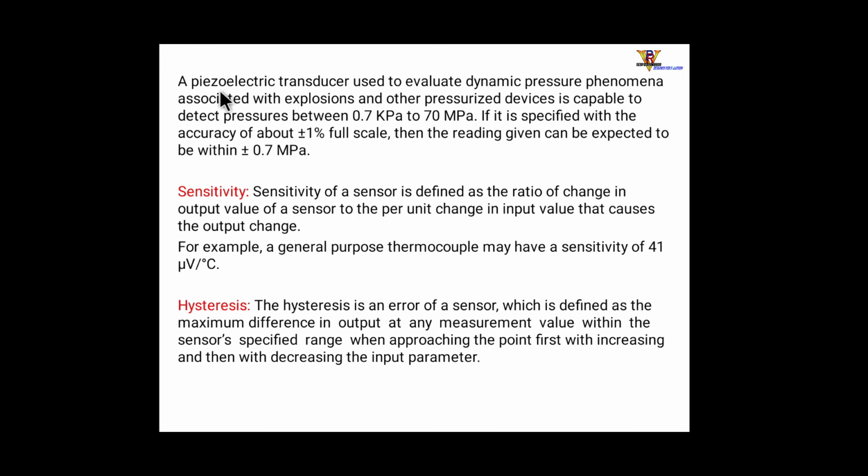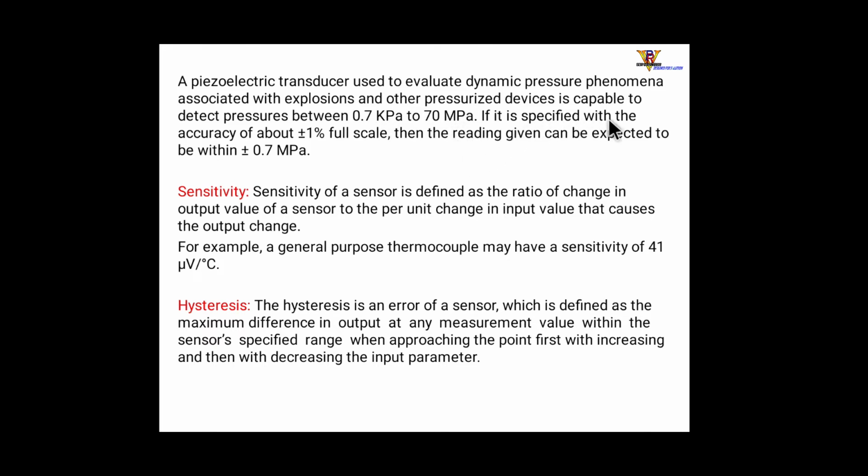An example of accuracy is a piezoelectric transducer. It is used to evaluate dynamic pressure. It is used for measurement of pressure phenomena such as explosions or any other pressurized devices, and it can detect pressure between 0.7 kilopascal and 70 megapascals.